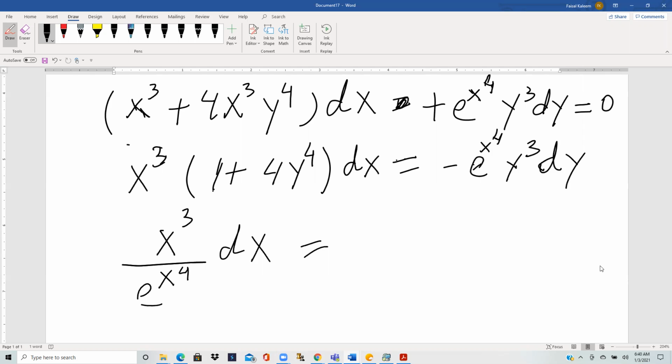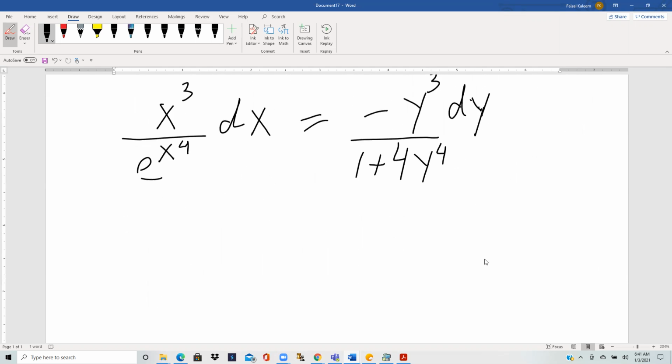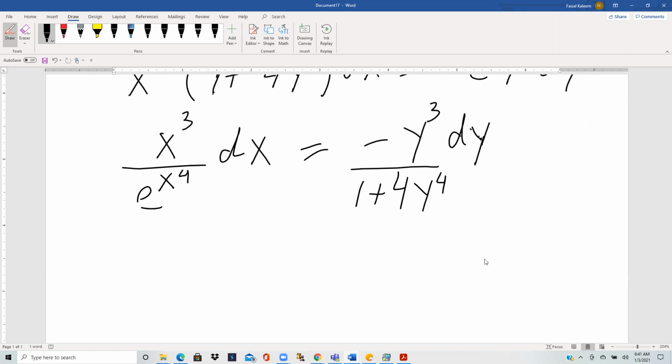And take the y terms on the other side. So you already have a negative y cube over there, negative y cube dy, and then you have 1 plus 4y^4. And these are some of the basic calc integrals.